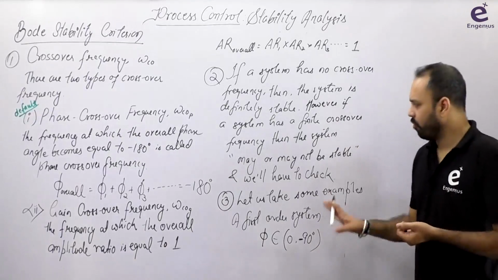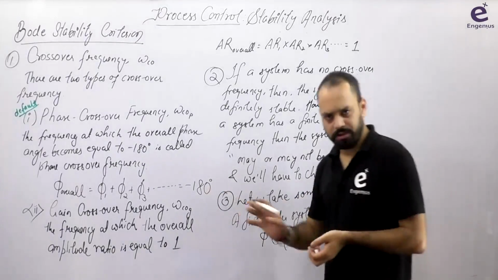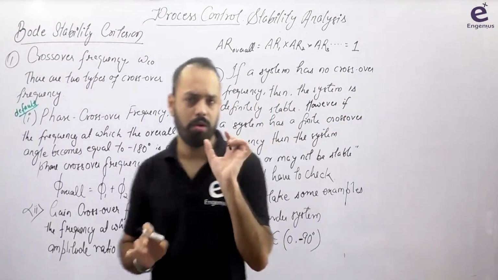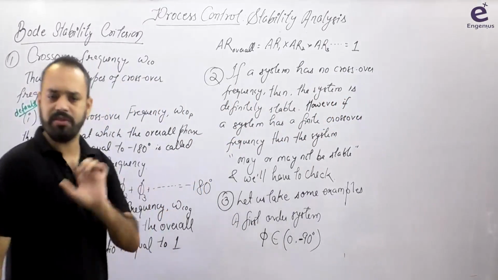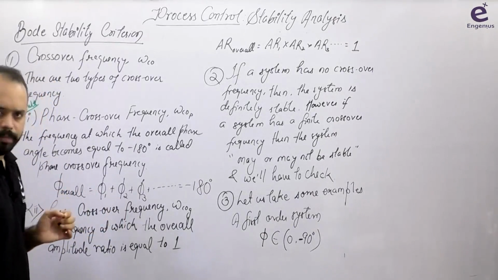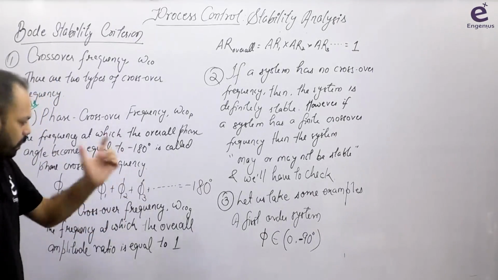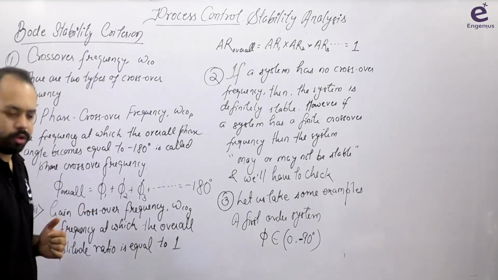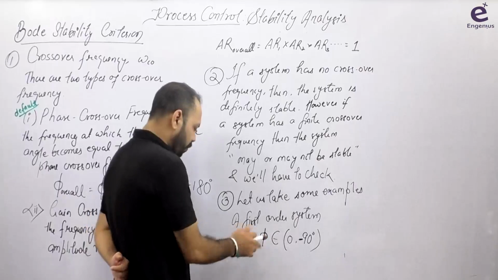Is it possible that for a first order system, phi becomes equal to minus 180? I'm just talking about the overall stability of a first order system, nothing else. You can see yourself that for a first order system, the phi value can never become minus 180 degrees.